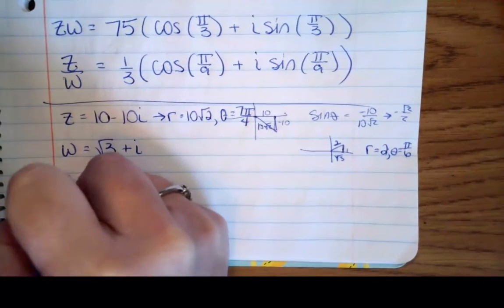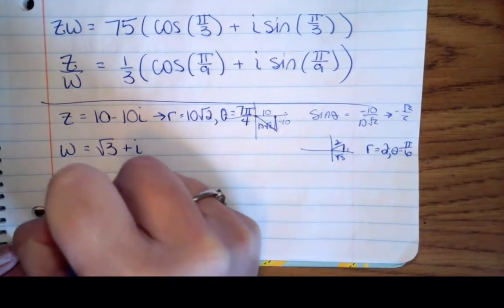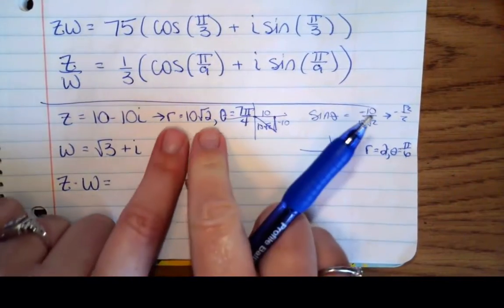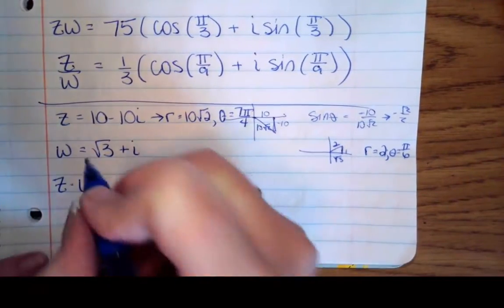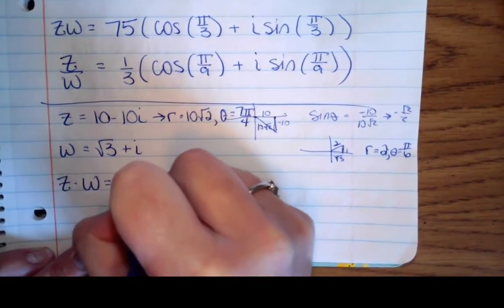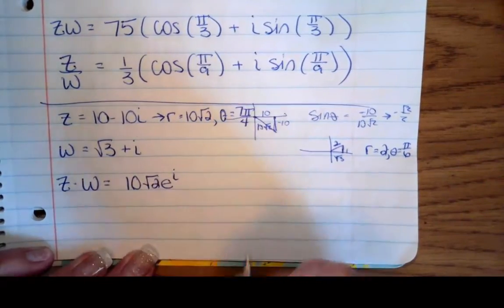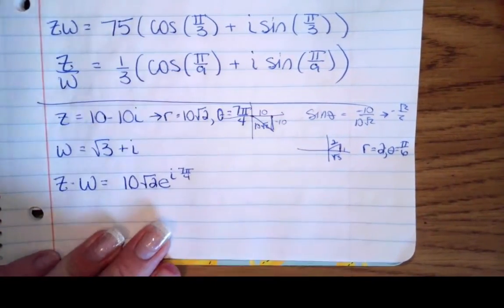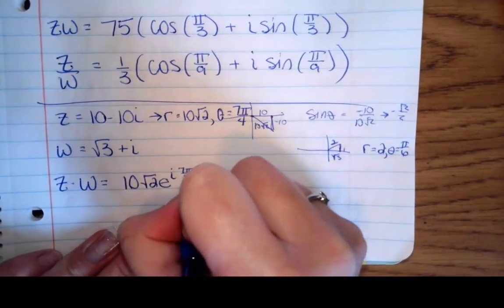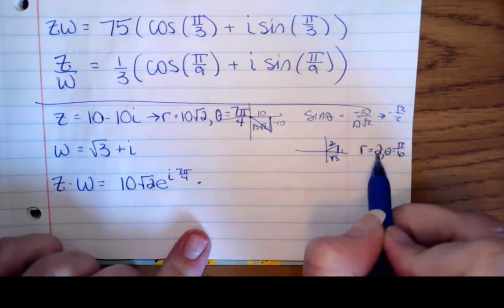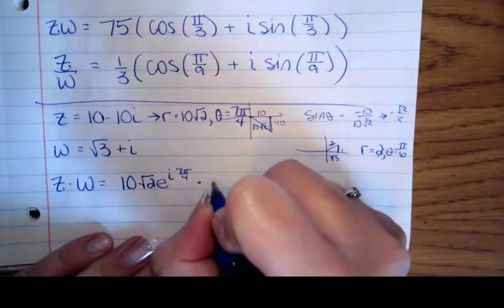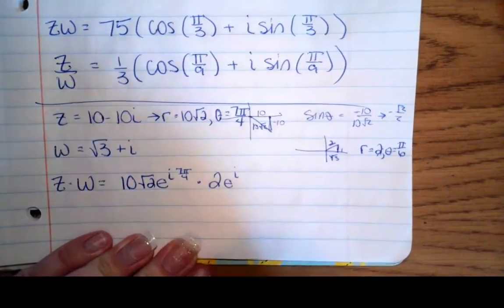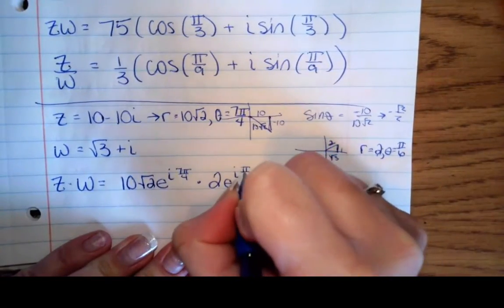So now I know that z times w is going to be, what is z? z is going to be 10 root 2 times e to the i, 7 pi over 4, times w. What is w? w is going to be 2 e to the i, pi over 6.